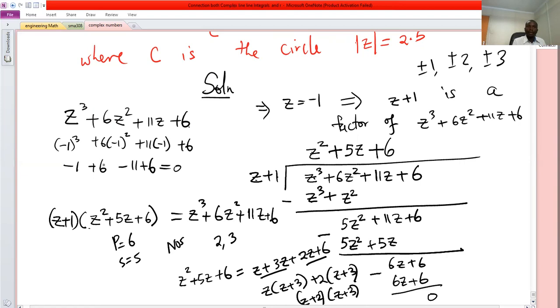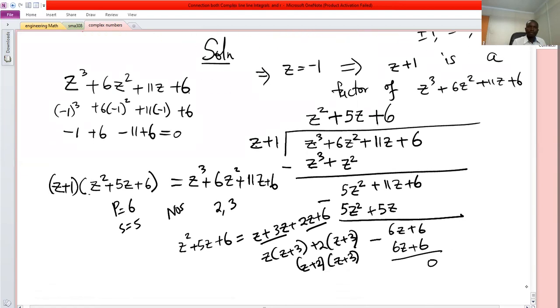So this cubic polynomial z³ + 6z² + 11z + 6 will be (z + 1), this factor here, and the factors of this one are (z + 2)(z + 3).